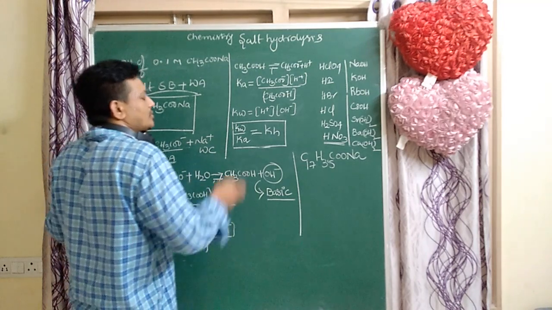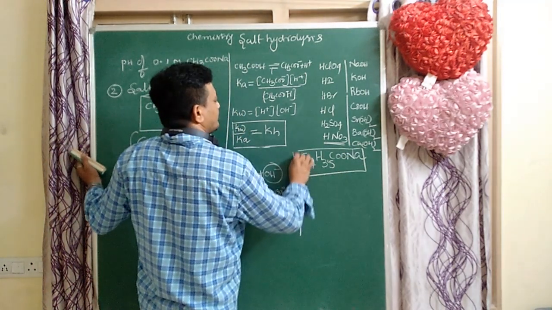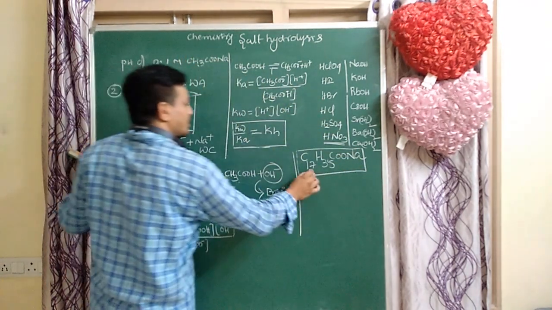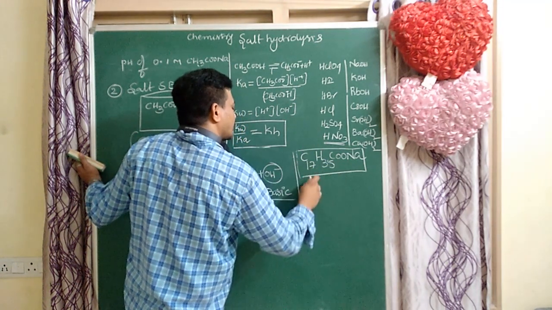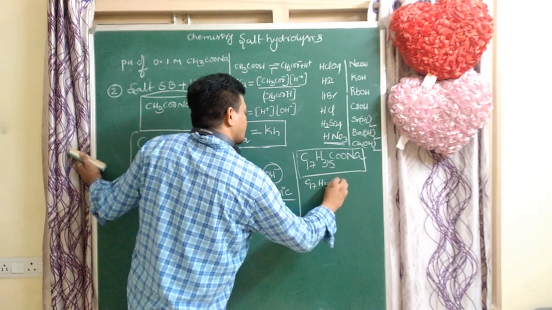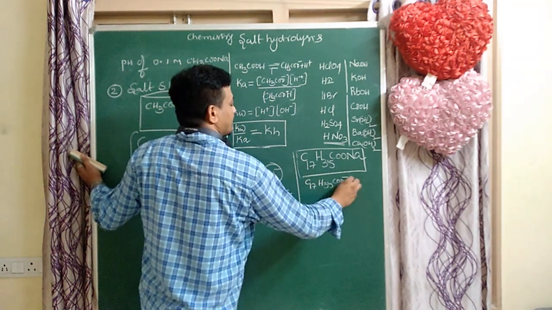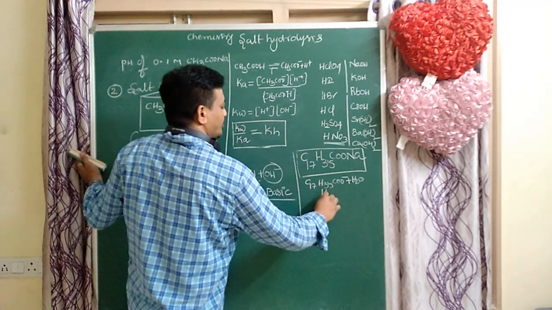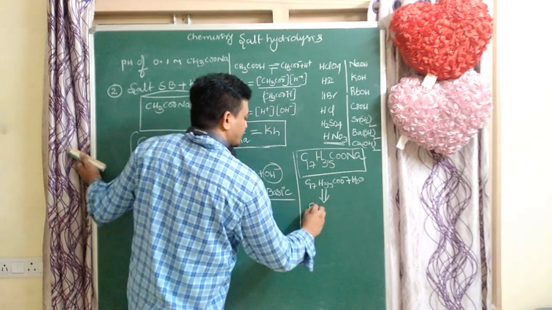This salt came from a strong base and a weak acid, so the weak acid means a strong anion: C17H35COO minus. This strong anion reacts with water to produce H plus ion or OH minus ion, that is, OH minus ion.